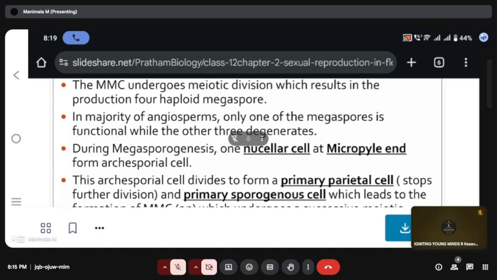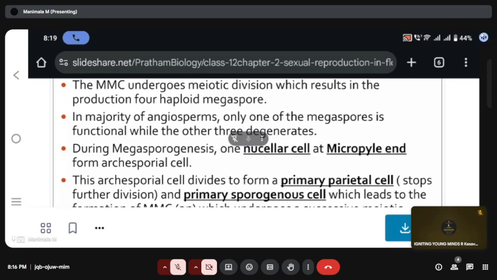Next, how does the development proceed? Now we've got a female gametophyte, right? Now, how does this female gametophyte undergo changes? Ma'am, it moves towards the micropylar end.